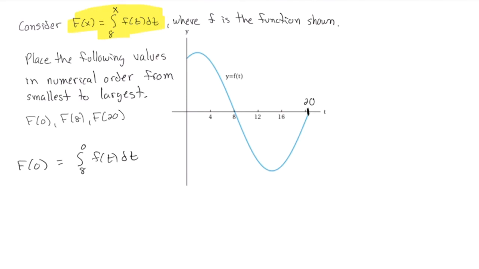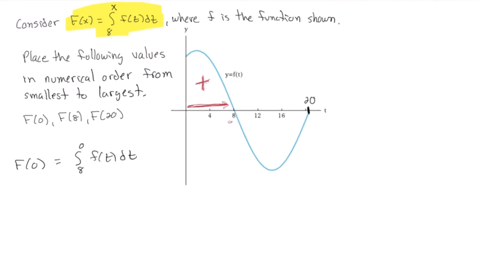The area under the curve there is going to be a positive measurement because it is above the x-axis. But in this case, we're going backwards, from 8 down to 0, so that's going to give us a negative measurement of area.